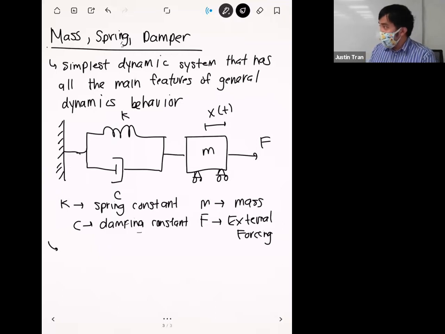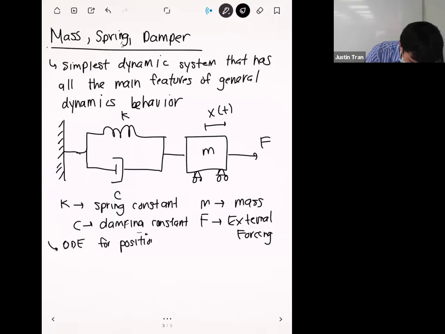We can form a differential equation in time that solves for the position of the mass block, right? All right, and that ODE looks like this.